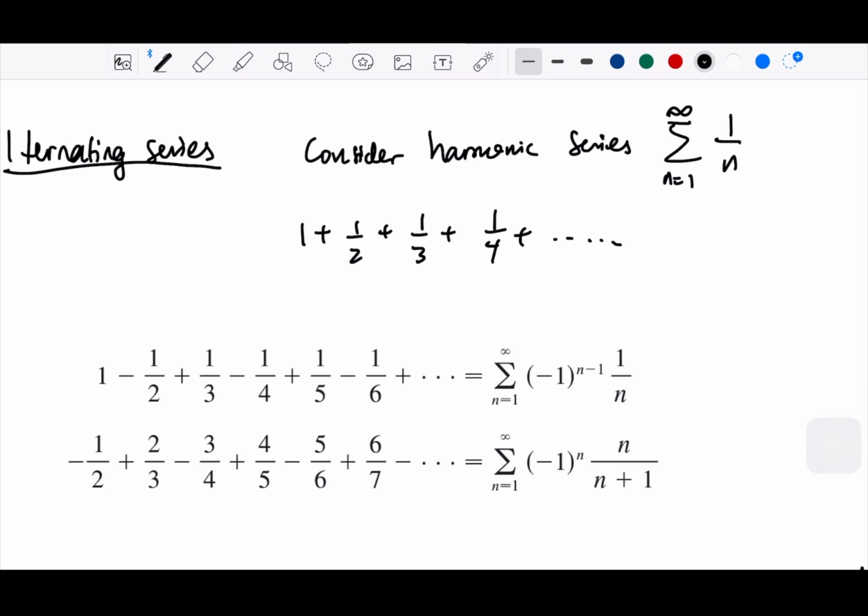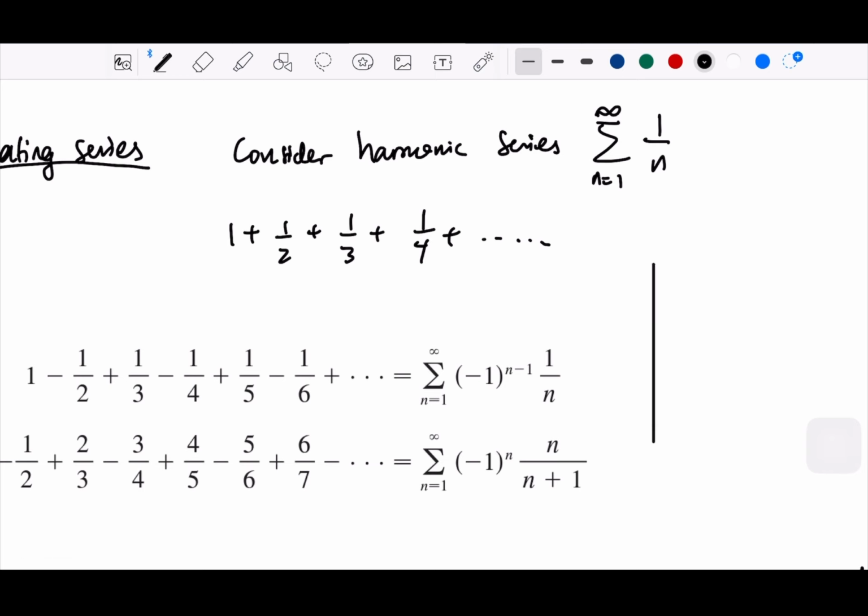If you think closely and look at how the terms change, if you take the graphs, let's say we have 1, 2, 3, 4, 5, 6. Let's say 1 is here, and a half is here. In a normal harmonic series, we are going to have this.